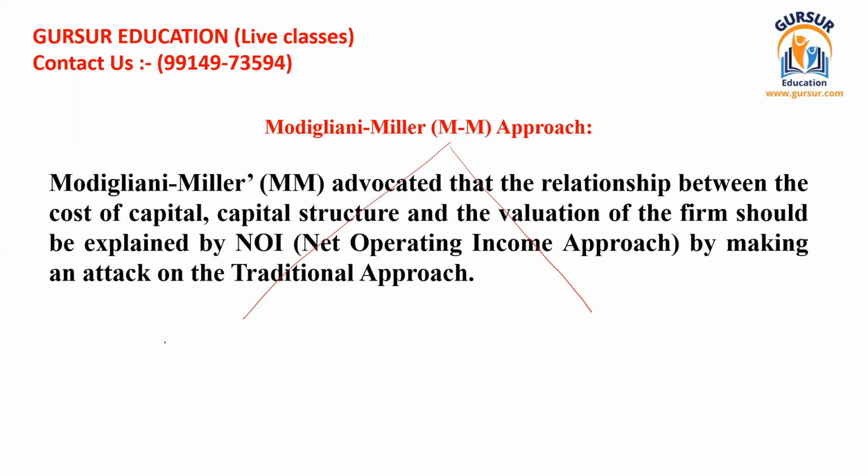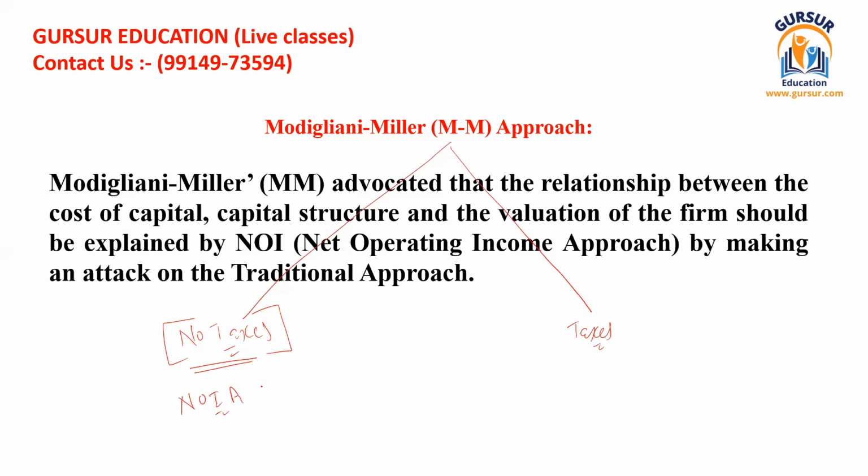Modigliani and Miller approach basically can be bifurcated into two parts. So basically they have given two theories for capital structure. The first is assuming no taxes, and the second is assuming existence of taxes. Where there are no taxes, this theory resembles exactly the net operating income approach.